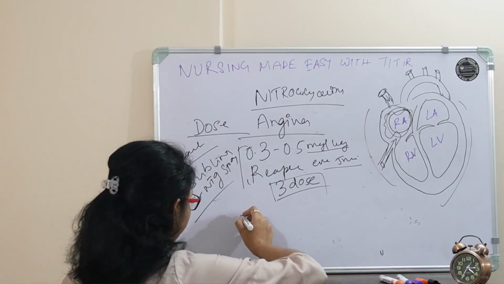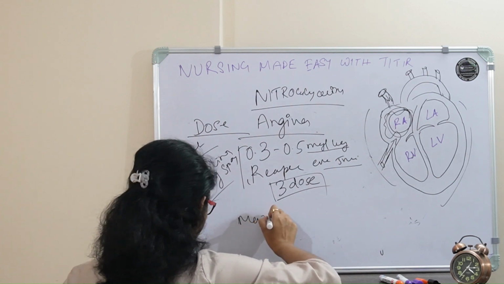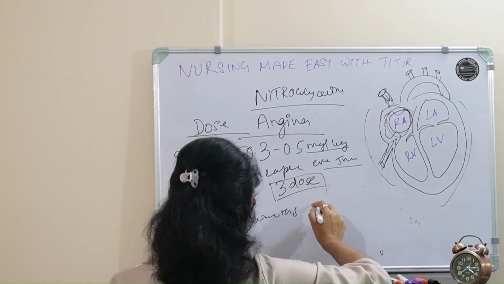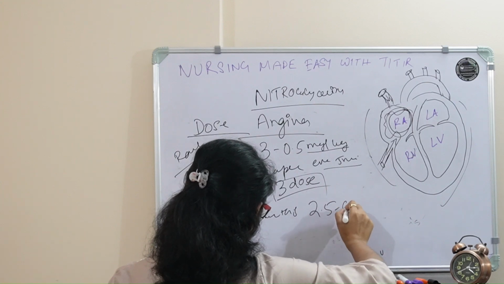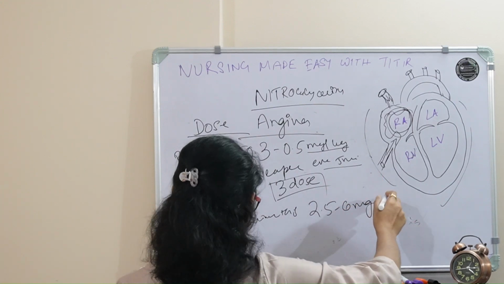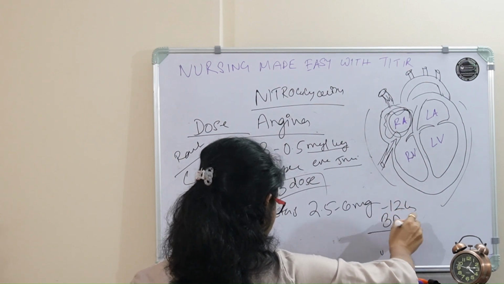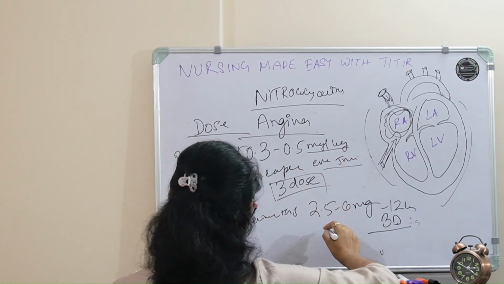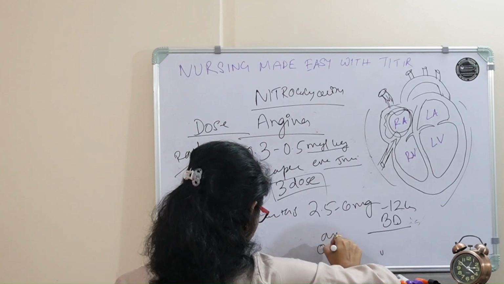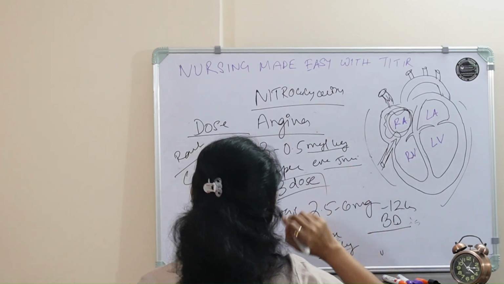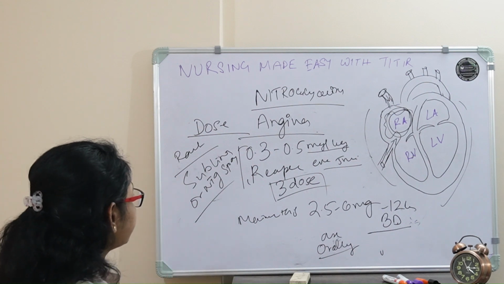Let us come to the maintenance dose. Maintenance dose will be 2.5 to 6 mg every 12 hours, means BD, as prescribed, orally. Now this we should give orally. This is to treat angina pectoris.